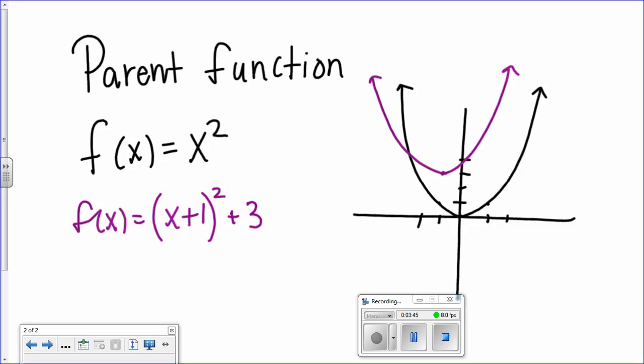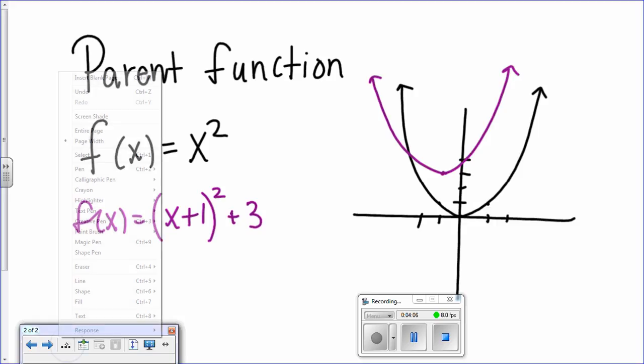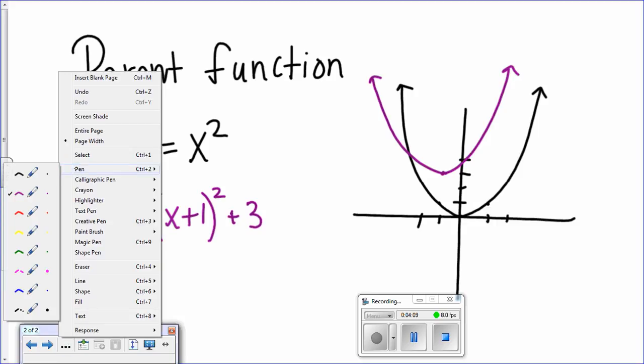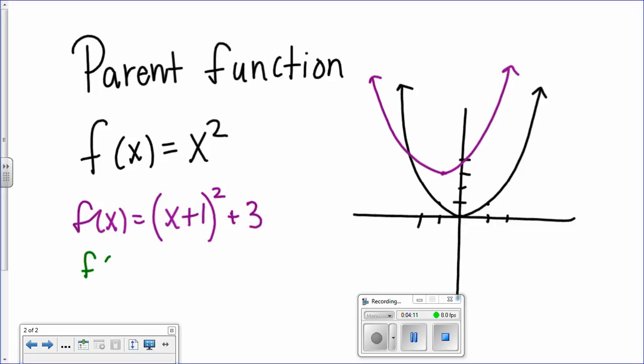What was that, Monday? Yeah, Monday. If you put a negative in front of it, that negative is going to flip it. That would look exactly like the black one, except flipped over.